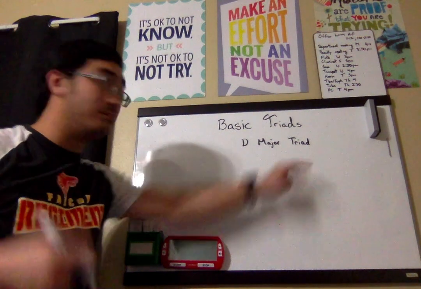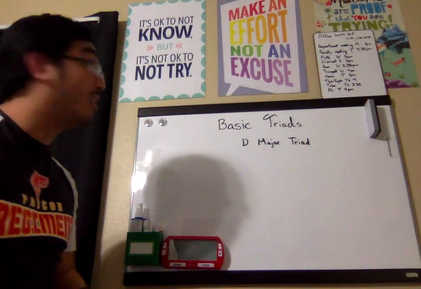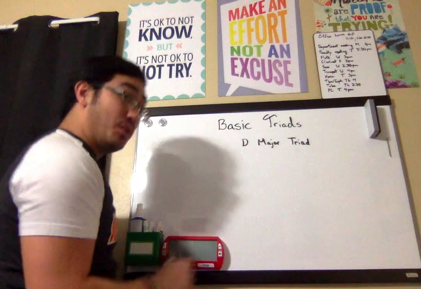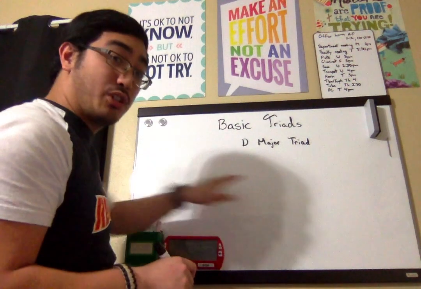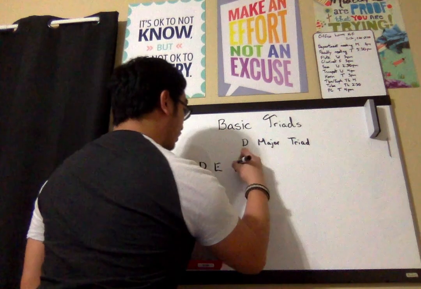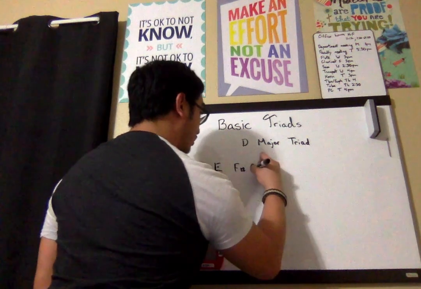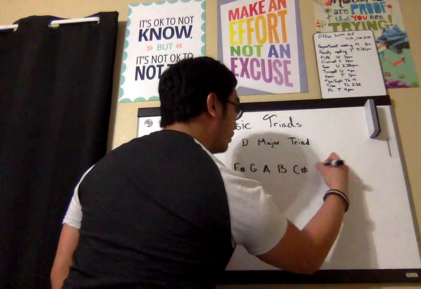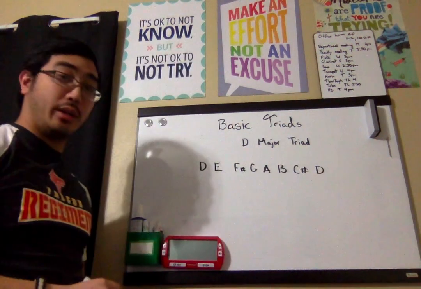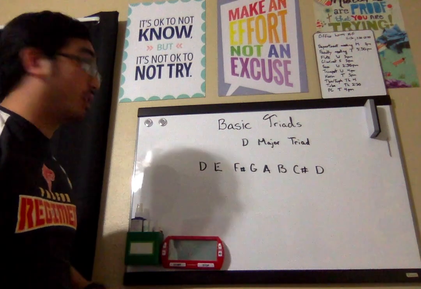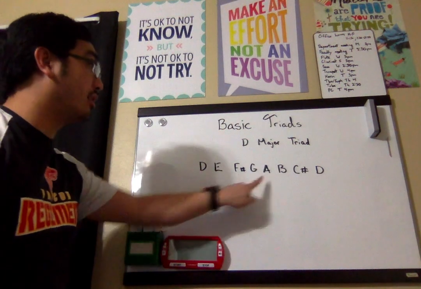Step 1, identify the keynote. The keynote is D. Step 2, build the D major scale. There we go. The next step for this would be to identify scale degrees 1, 3, and 5.